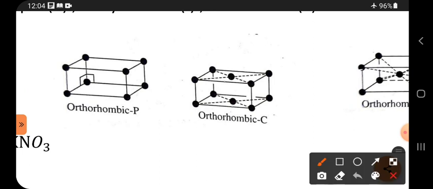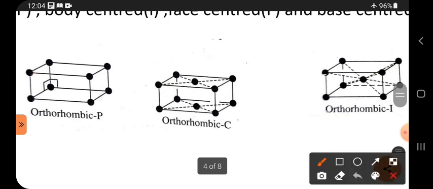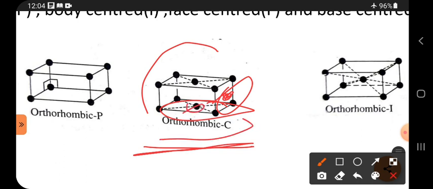Base means the face touching the ground, and with a point at the center, it is base centered.